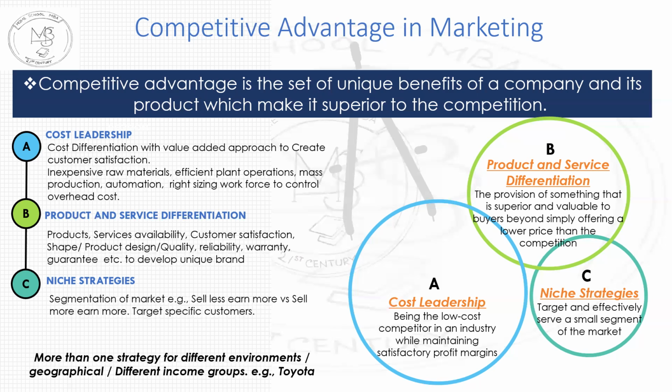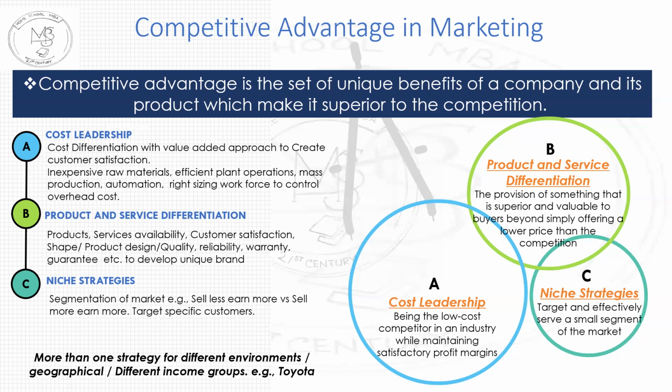And the other part of this strategy is sell more, earn more. Now, naturally, when you look at the automobile market, the Mercedes buyers are fewer compared with the buyers who want to buy small cars because of the affordability, because of the cost.